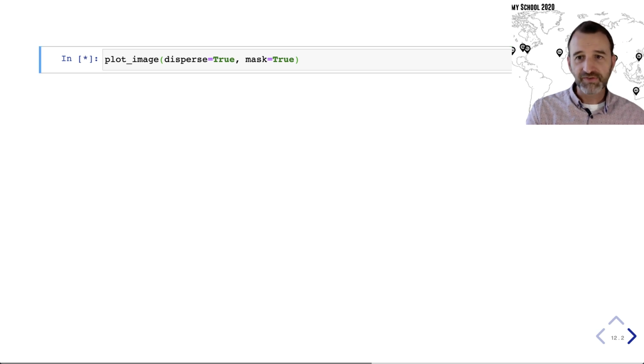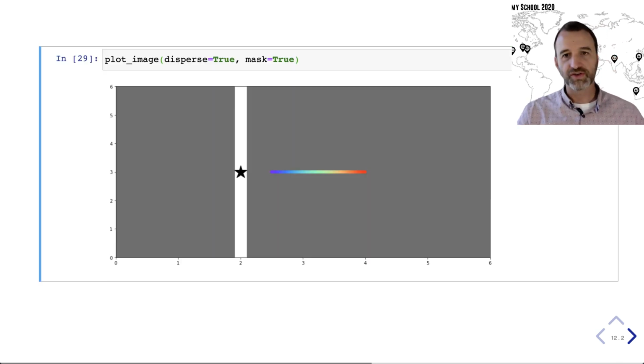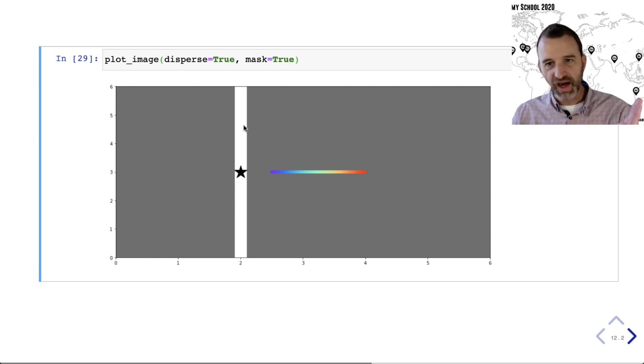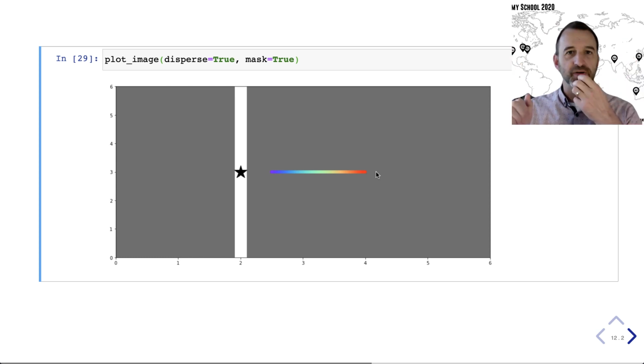When you add a mask, you can block out all those other sources, and you just have one source now, or whatever is in this one line here. If I had another source here, I'd get another spectrum. But you have a source in some allowed region, and a mask blocking everything else. The light from that object comes through, and it makes a spectrum because you have your dispersive element in.